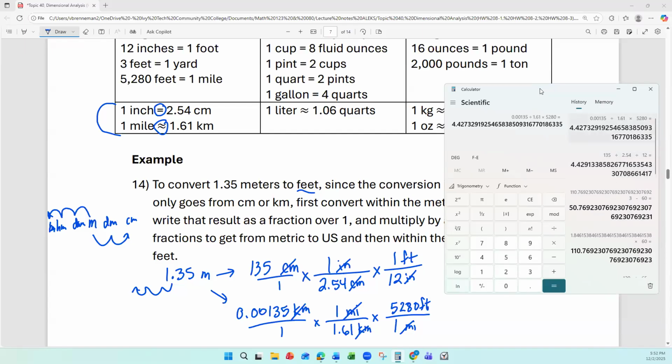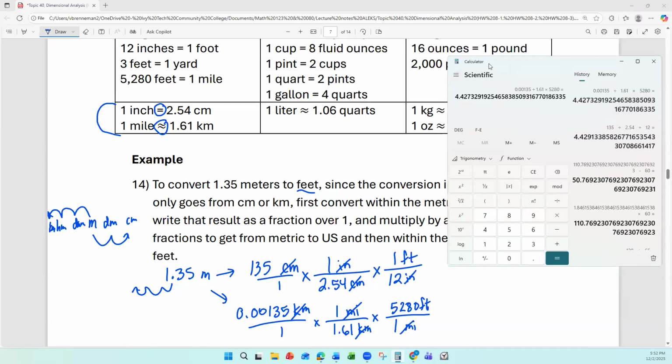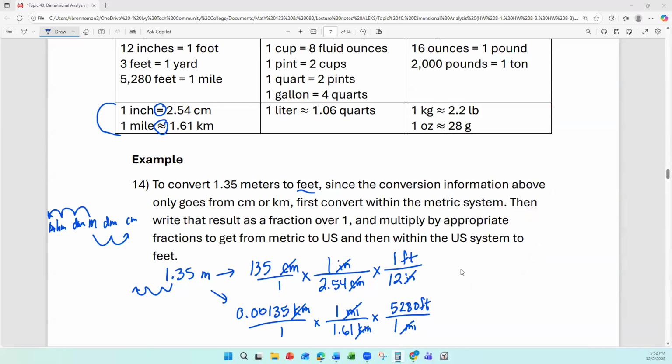If I went to 3 digits, the 4, 4, and I would round to 3, they would match. Once I go beyond those 3 digits, they start to diverge. So the number of digits you have in your conversion factor that's rounded off is kind of the level of accuracy you can count on having with that. So either way, 4.43 feet approximately.